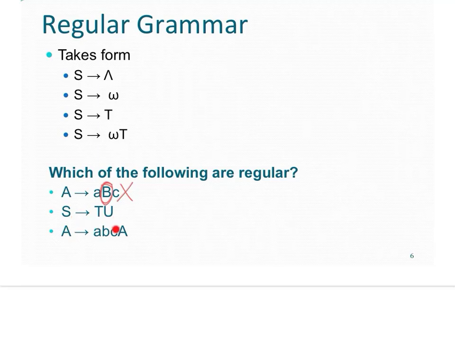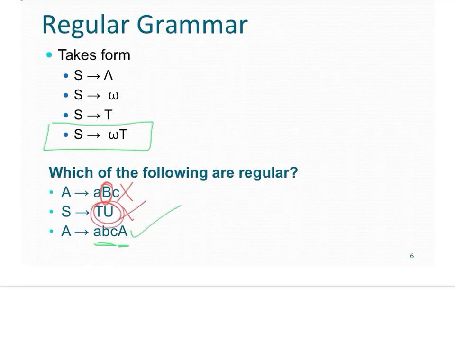Again, it is not a regular grammar, because we have two non-terminals there, and you can't have two non-terminals on the right-hand side, or on the left-hand side for that matter, of a regular grammar production rule. This last one, however, looks good. We've got a string of terminals followed by a non-terminal, which is just this form. So that's a production rule of a form that could be part of a regular grammar.